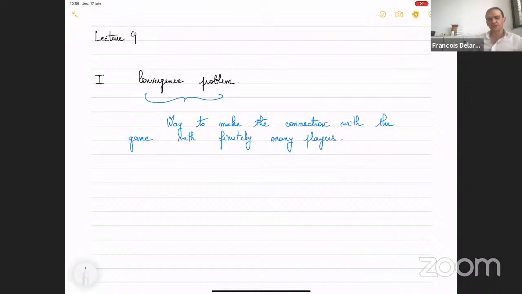What I told you about this on Tuesday was that there was a quite simple way to make the connection between the MFG and the original game. This way of doing was to use a solution of the mean-field game and to use the equilibrium feedback of the solution that you have constructed to insert into the game with finitely many agents.